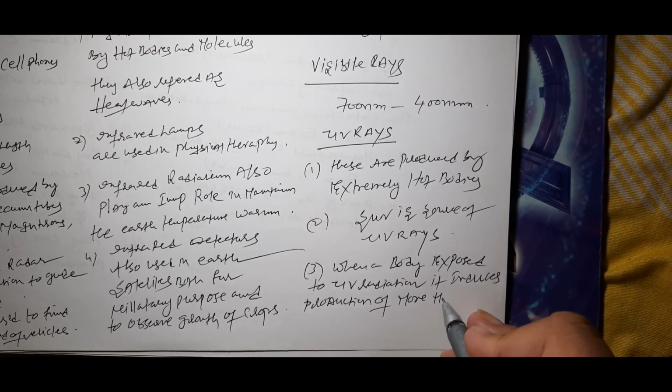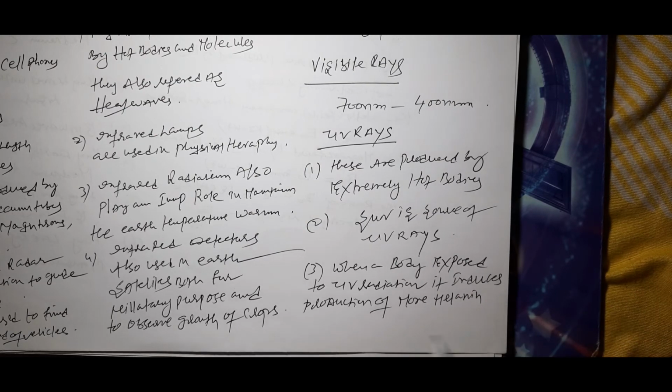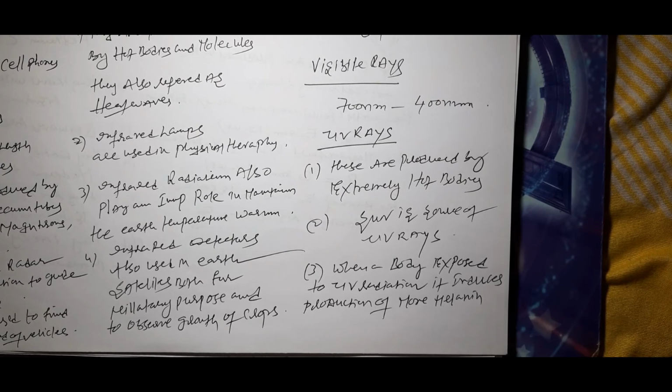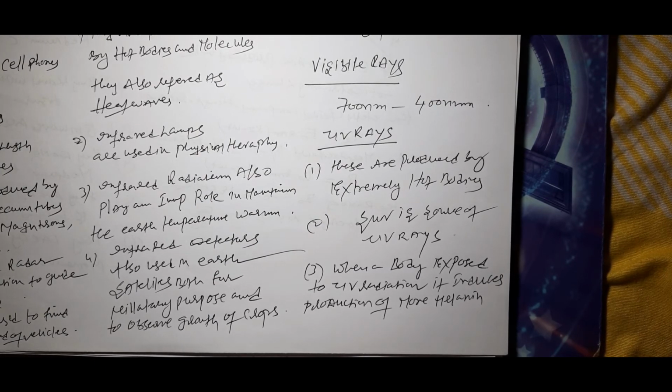Melanin is a type of pigment, because of which our hair is black.